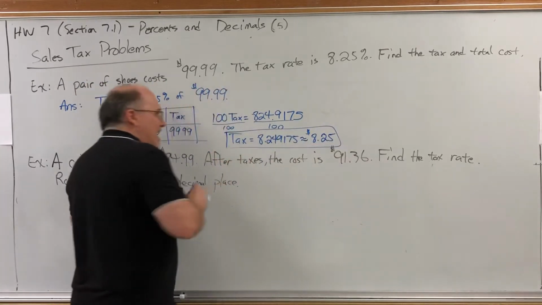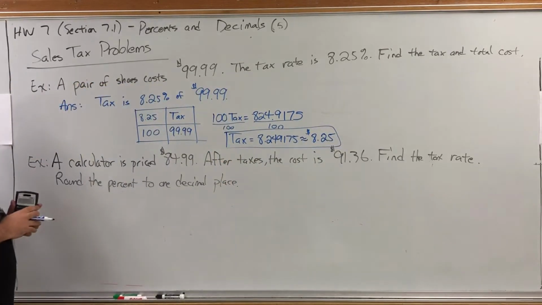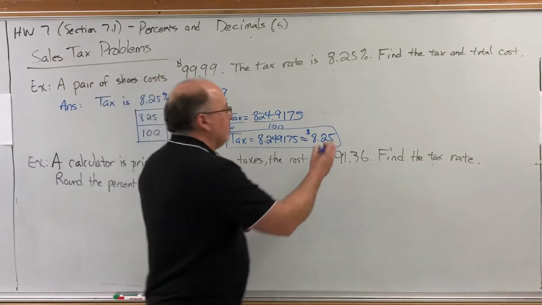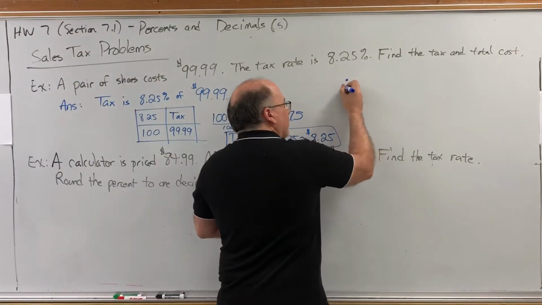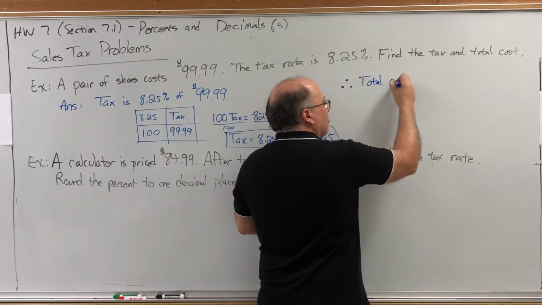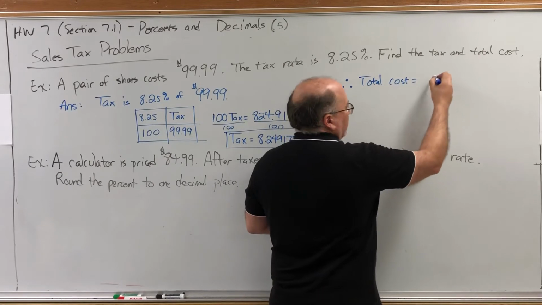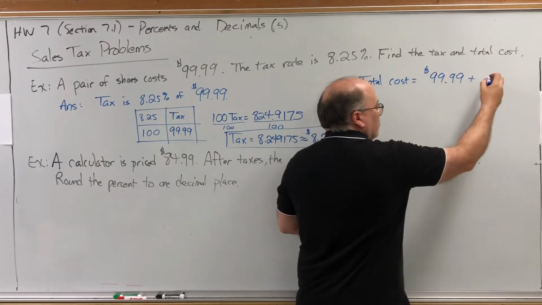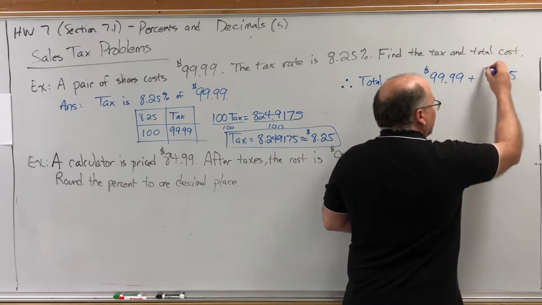We were just asked the tax. Excuse me, we just found the tax, but we were asked for the tax and the total cost. Therefore, the total cost is the original cost, which was $99.99, plus the tax, which is $8.25.